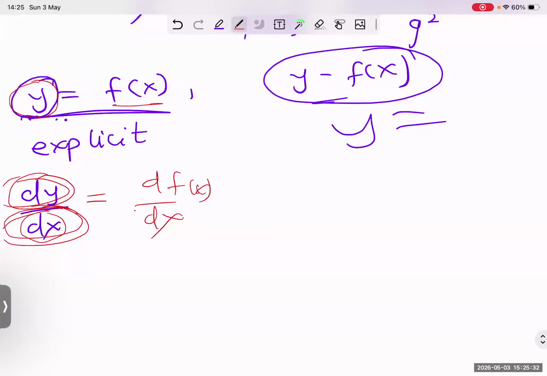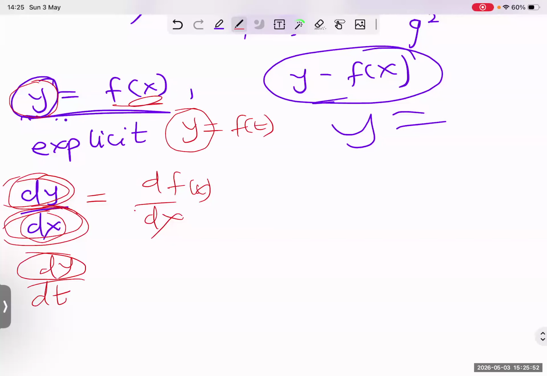Meaning, if the variable in the function is t, then on the left-hand side, we'll write dy/dt. So if the function were y is equal to f of t, then our numerator will still be dy, because the variable that has been defined here is y. So we are differentiating variable y, but with respect to variable t. So the denominator side becomes dt.